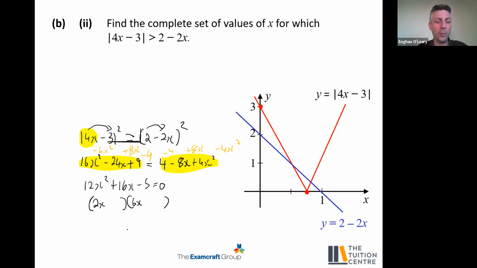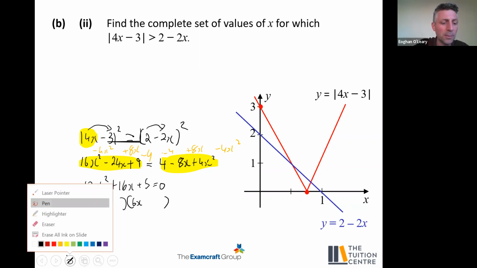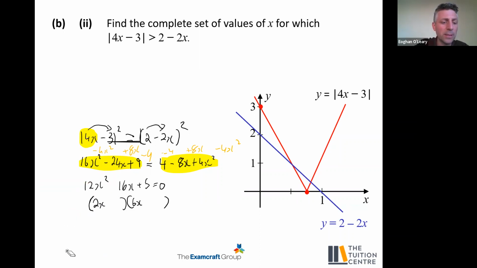In this case, if I open up the brackets, I know one possibility would be 2x times 6x would give you 12x squared. I think I made a little typo here, that this should be a plus 5. And in fact, let me try this one more time, because this should be a negative 16x, shouldn't it? It should be a negative 16x. So 12x squared minus 16x plus 5 equals 0.